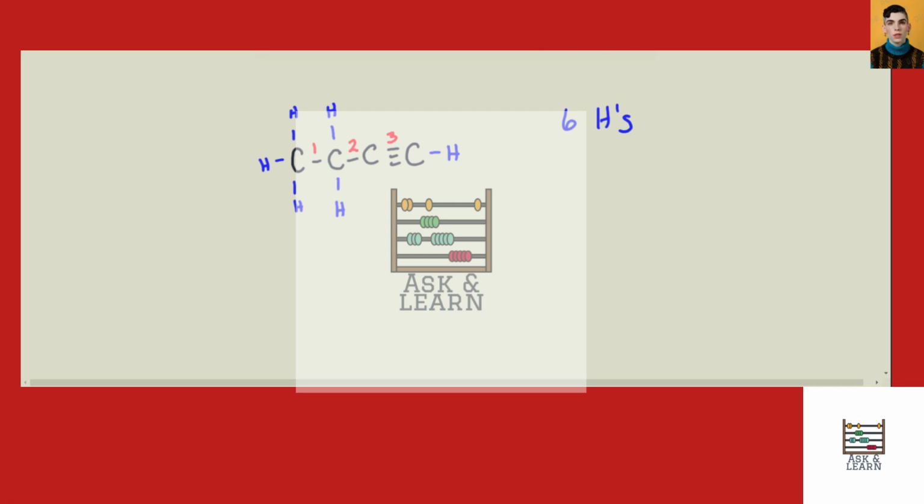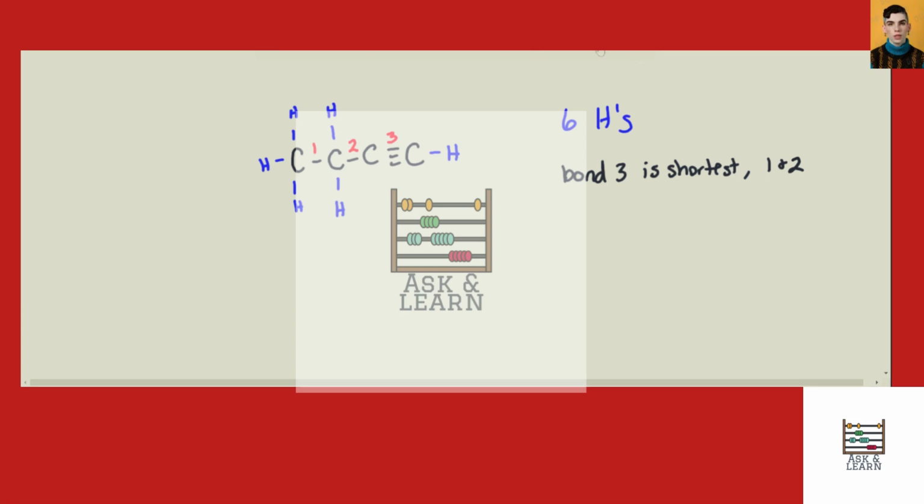So bond 3 is going to be shortest. And then bonds 1 and 2 are going to be the same length. Okay, they're tied because they are both single bonds.